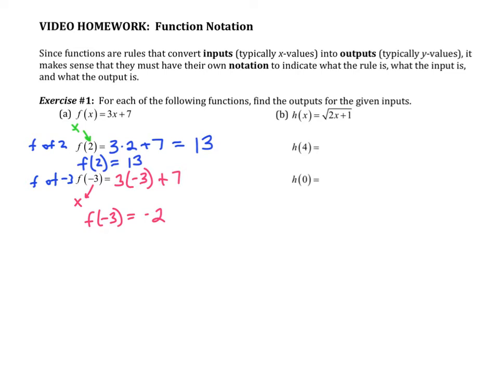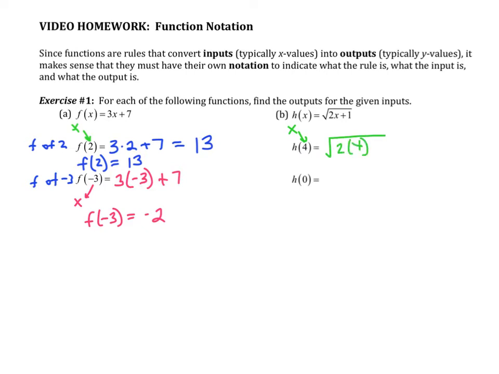Okay, so we have h of x equals the square root of 2x plus 1. So that's our function rule, and now we have to evaluate two different outputs based upon inputs. So the first one is h of 4, where 4 is our x value input. So we're going to take this function rule, and wherever we see an x, we're going to replace it with a 4.